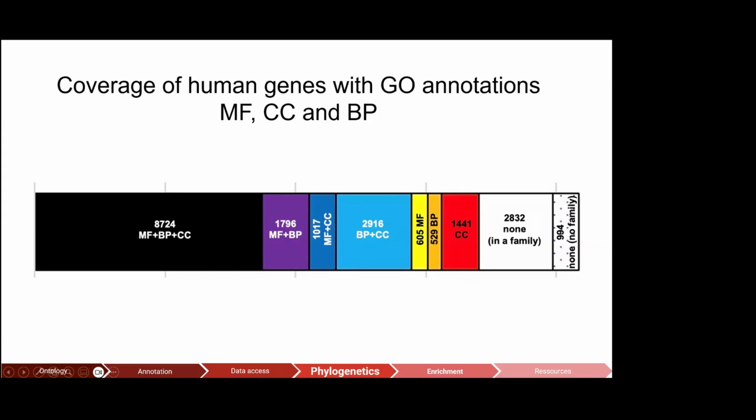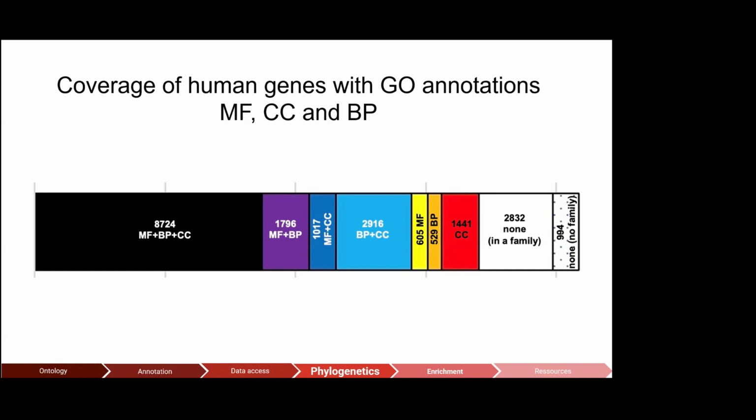And there's still a big part, about 3,000 human genes, for which we have no data, which means we have no relevant annotations. Sometimes we can have some annotations, but they're protein binding terms or very general terms that are not interesting for us because they're not bringing anything for the evolution. So we still have these 3,000 that need to be filled.